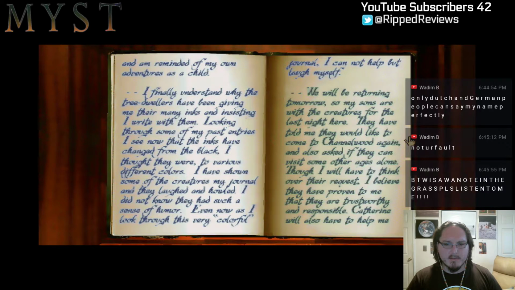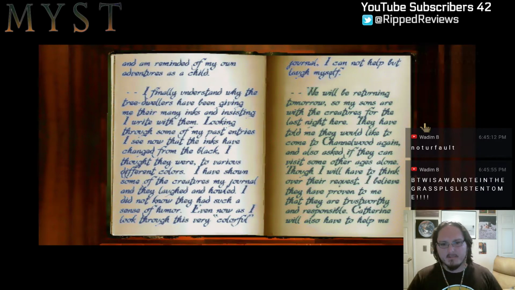I've shown some of the creatures my journal, and they laughed and howled. I did not know they had such a sense of humor. Even now, I look through this very colorful journal. I cannot help but laugh myself. We will be returning tomorrow, so my sons are with the creatures for the last night here.